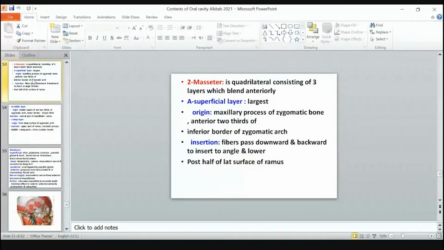The masseter is quadrilateral, consisting of 3 layers which blend anteriorly. The superficial is the largest, from the maxillary process of the zygomatic bone and the anterior 2/3 of the inferior border of the zygomatic arch; it inserts, with fibers going downward and backward, at the angle and lower posterior half of the ramus.